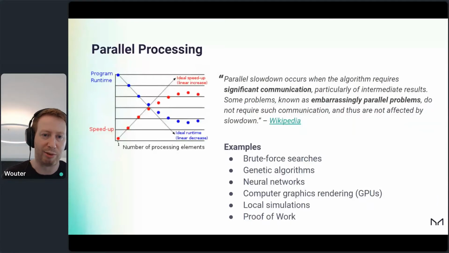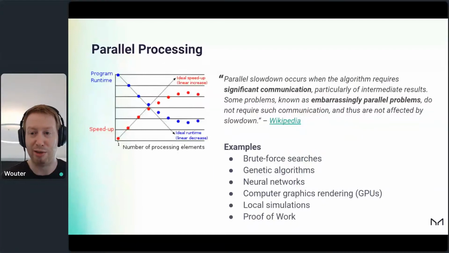So I think we're seeing a very similar phenomenon in the DAO, and this phenomenon is known as parallel slowdown. And Wikipedia writes, parallel slowdown occurs when the algorithm requires significant communication, particularly of intermediate results. And some problems, known as embarrassingly parallel problems, do not require such communication, and thus they are not affected by slowdown.